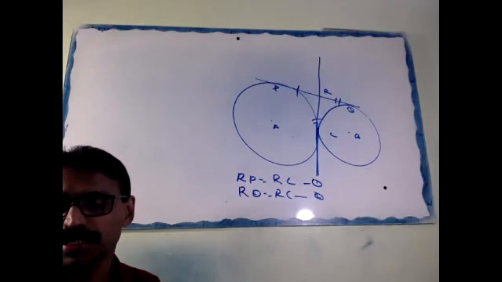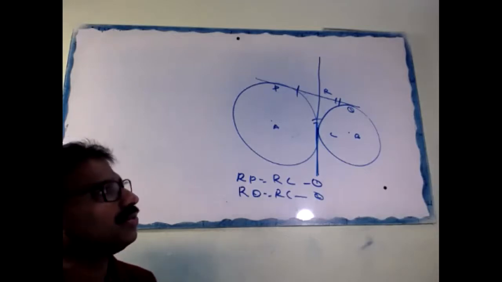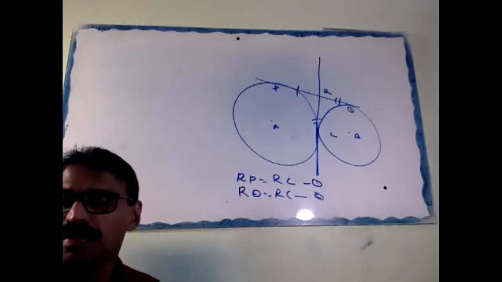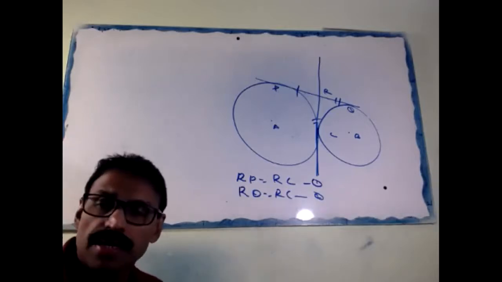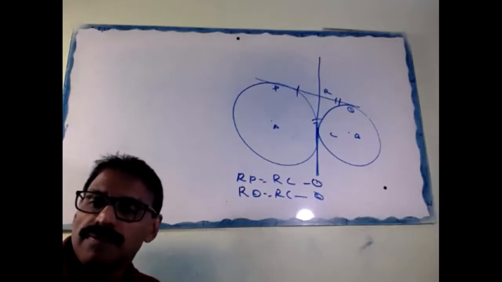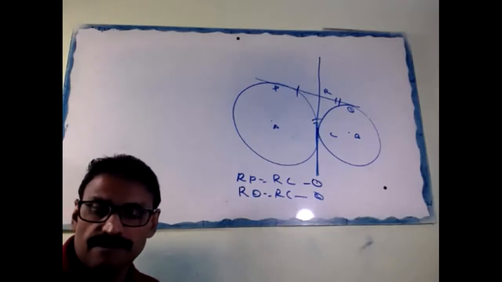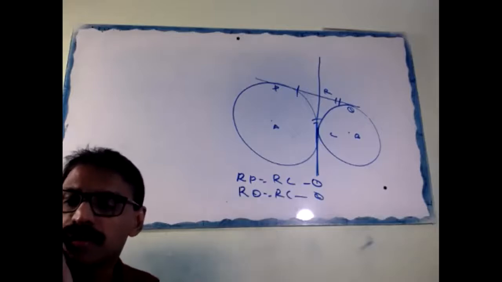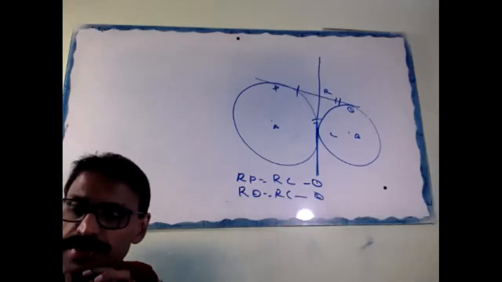Reason, tangents from an external point are equal. RQ equal to RC with respect to the other circle. Finish. Still doing. Alia, you got it? Michelle. Priscilla, how's the test today?